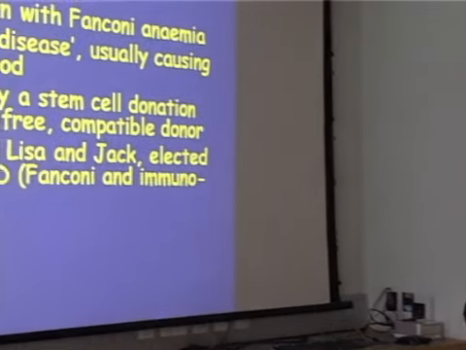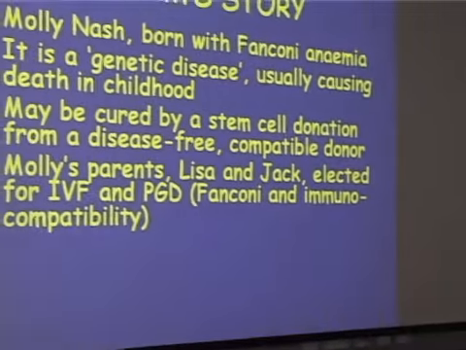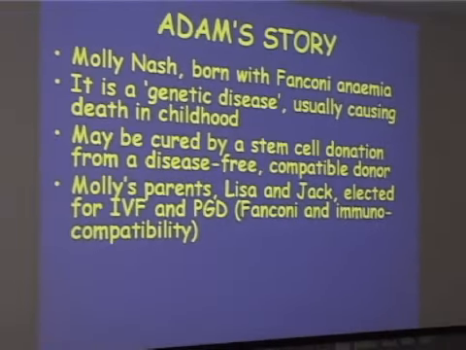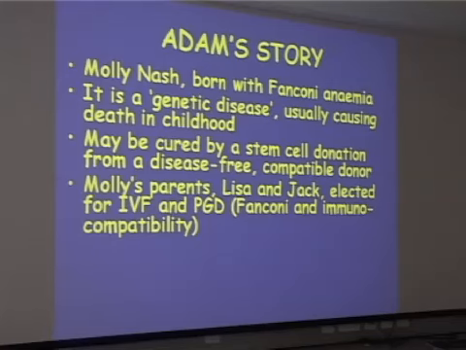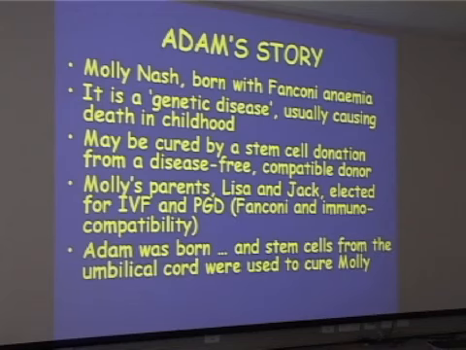And so they chose to go for IVF and pre-implantation genetic diagnosis. And remember, we're looking for absence of the Fanconi mutation, and we're looking for immunocompatibility. It's called HLA typing, immunocompatibility. And I want to say this was a story that was only just successful. I'll talk about that in a moment.